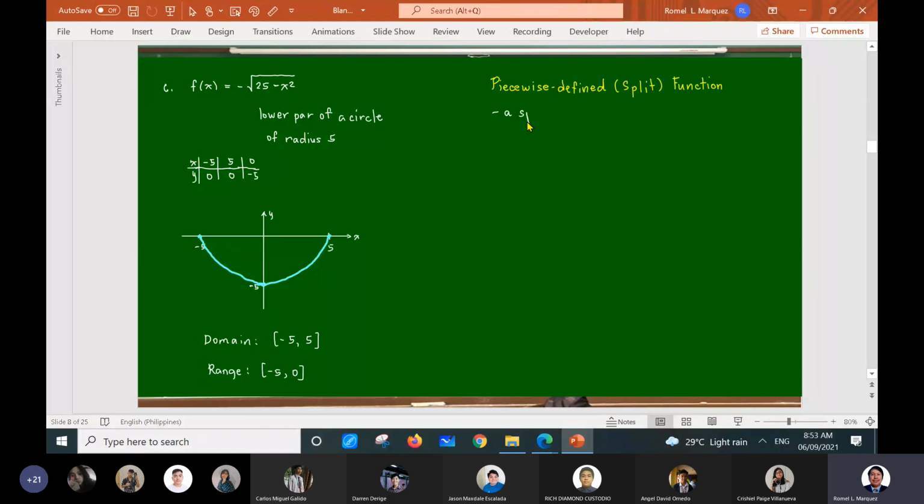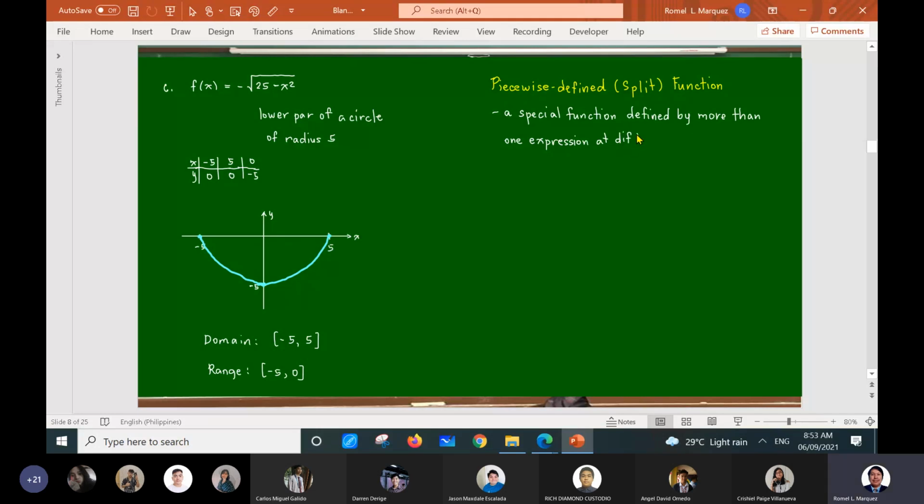It is a special function defined by more than one expression at different parts of its domain.